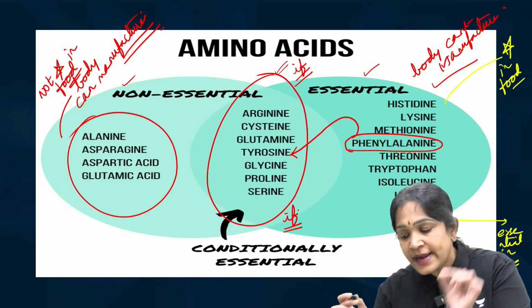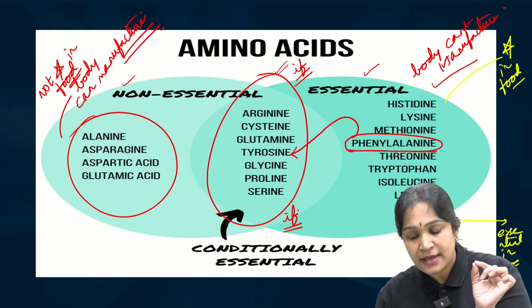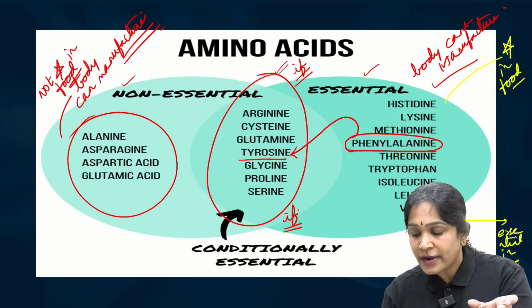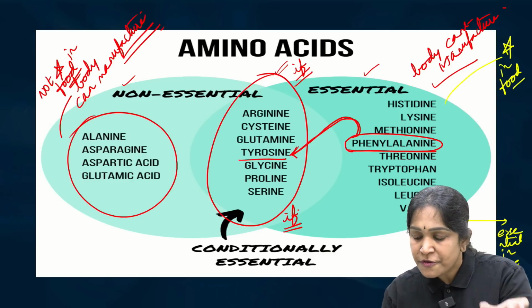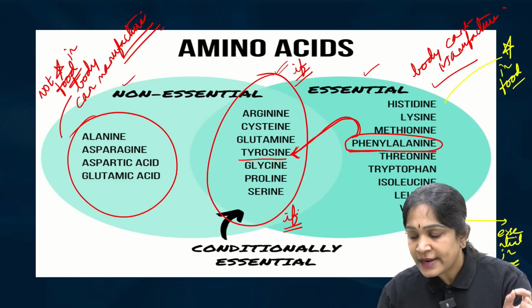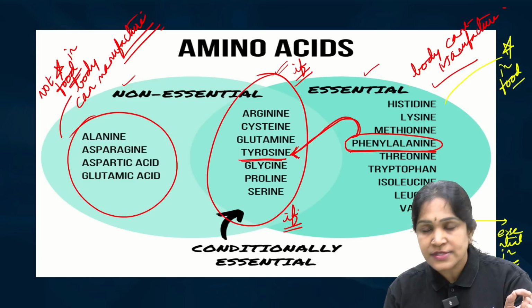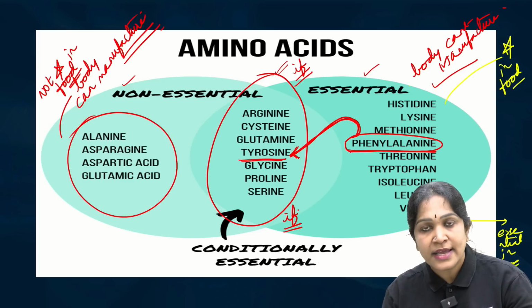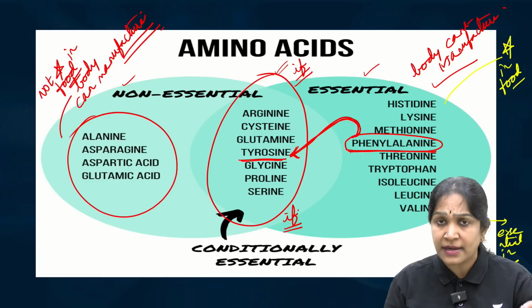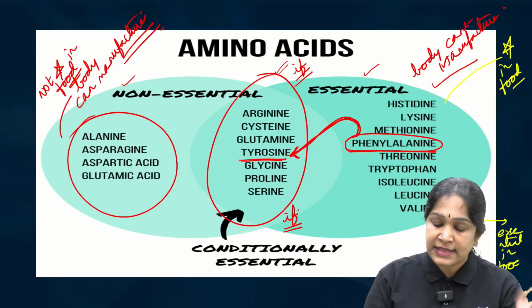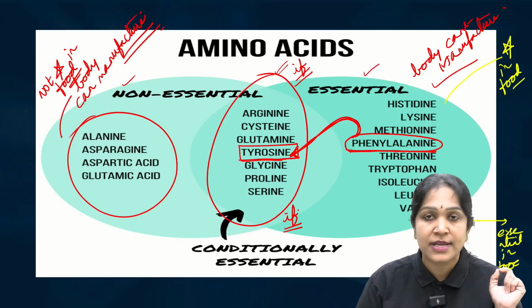If you already have phenylalanine, then tyrosine is not essential because your body can manufacture it from phenylalanine. But if your body does not contain phenylalanine, then tyrosine is essential.